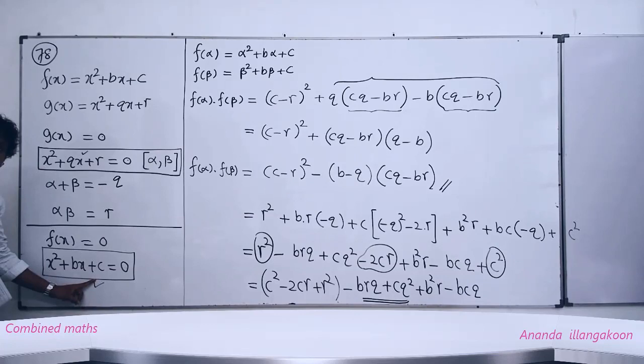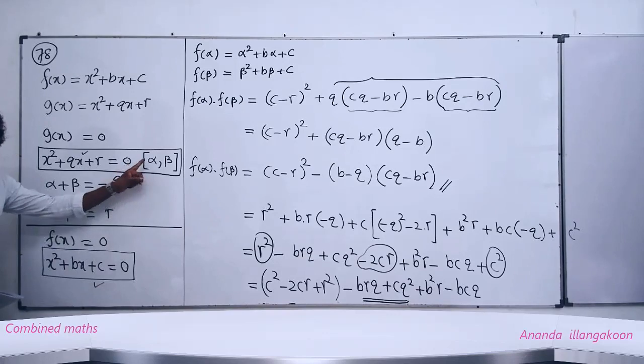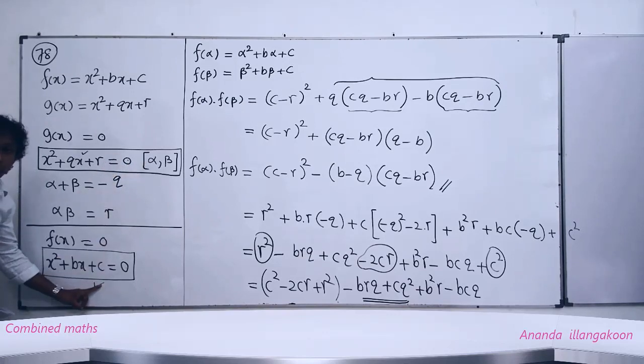Now, if this equation has one root alpha and the other one is delta, then this and this have a common root.